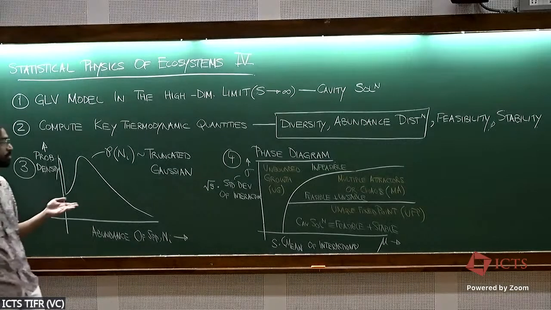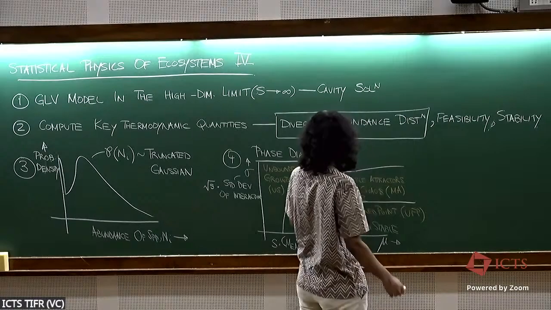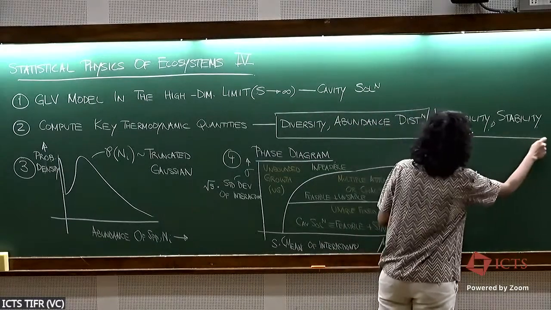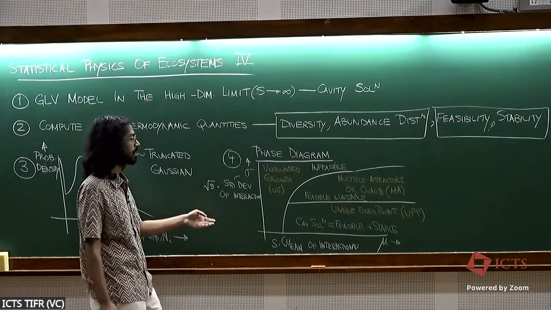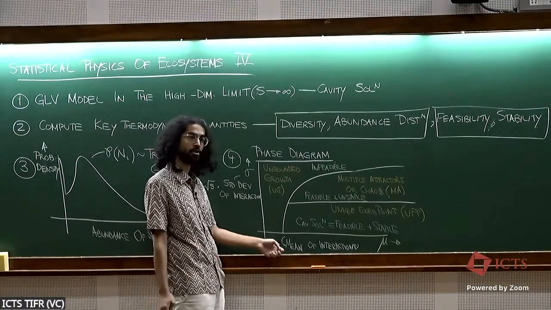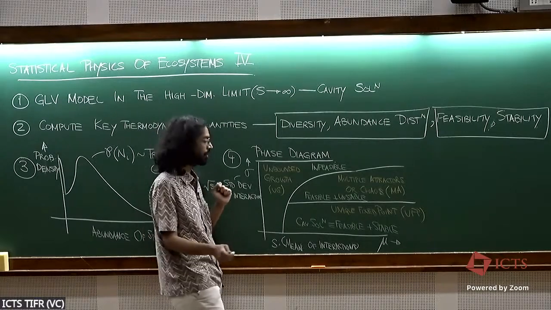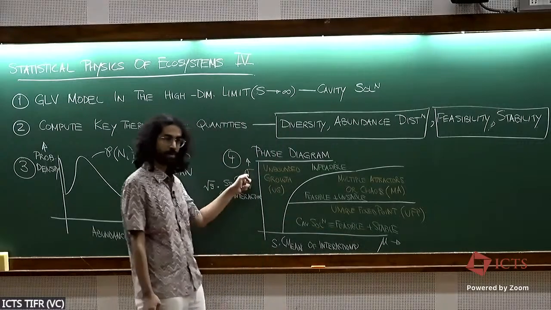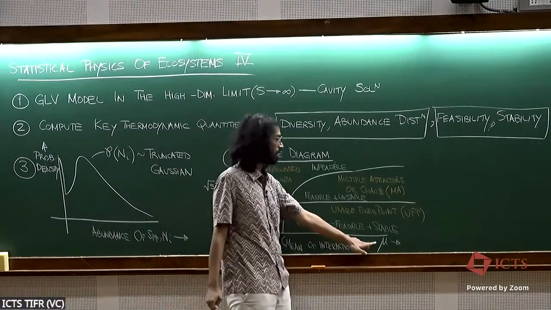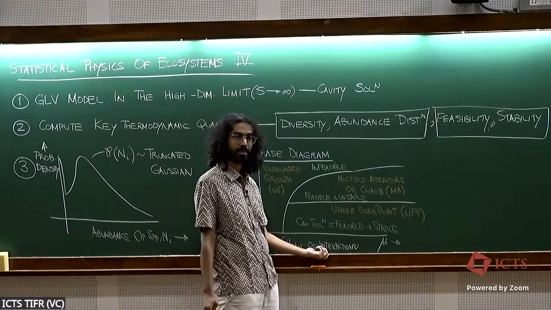And for feasibility and stability, we'll care about this phase diagram over here, which we'll also derive today. And what we'll really see is that to get this phase diagram, you need to focus on these two parameters of our ensemble that we were talking about yesterday, mu and sigma. To remind you, mu was S times the mean of the interaction strengths, the mean of the A_ij's.